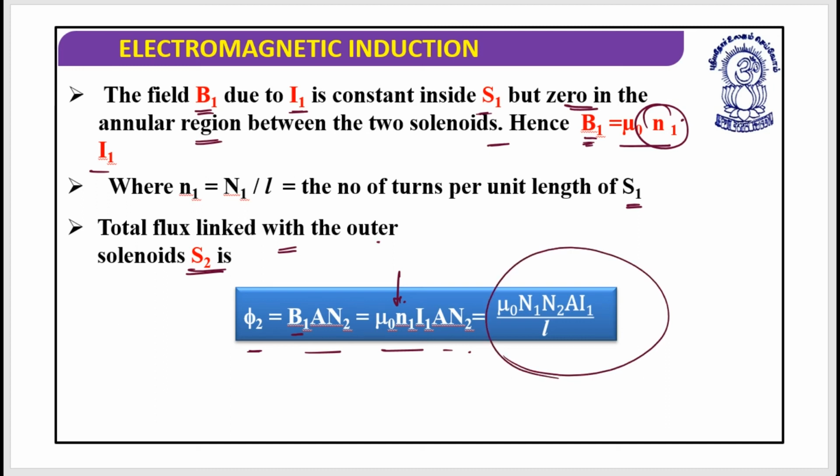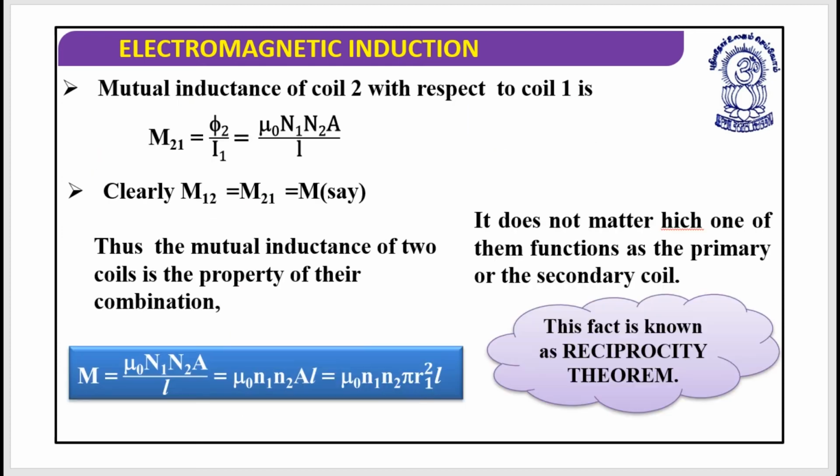It gives mu naught into N1 into N2 into A into I1 divided by L. Now the mutual inductance M21 is equal to phi 2 by I1, which would be mu naught N1 N2 A upon L.